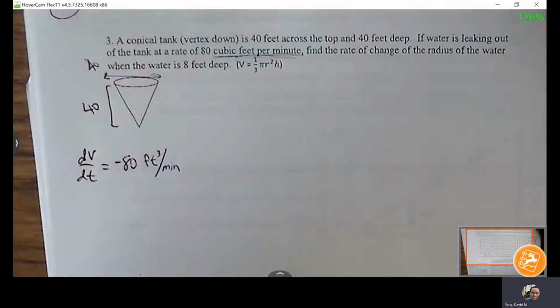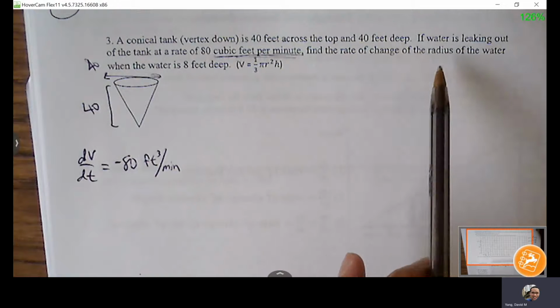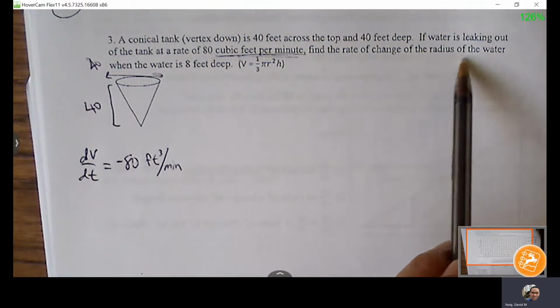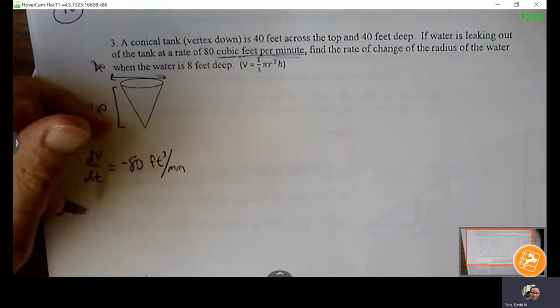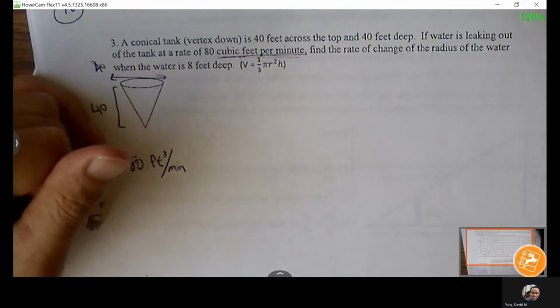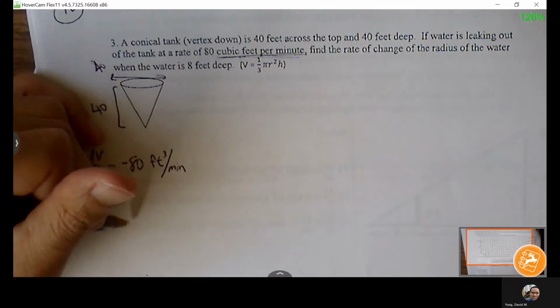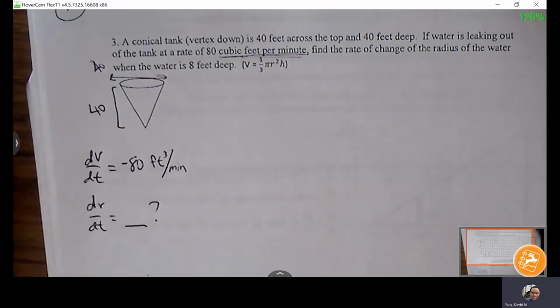Find the rate of change of the radius of the water level. What are we looking for? dr over dt. When the water is 8 feet deep.